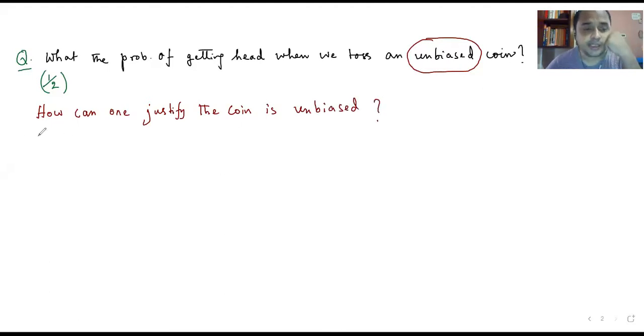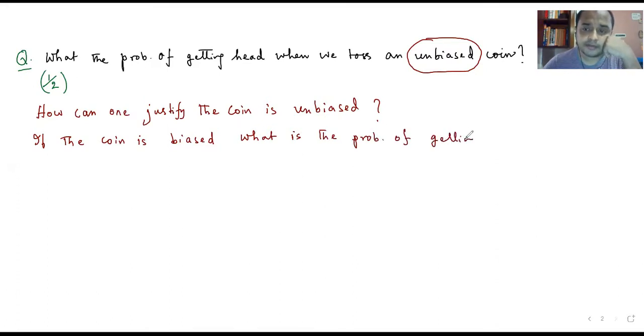My second question is, if the coin is biased and it is known to us somehow, what is the probability of getting head? These are the two fundamental questions which I want to reflect on.